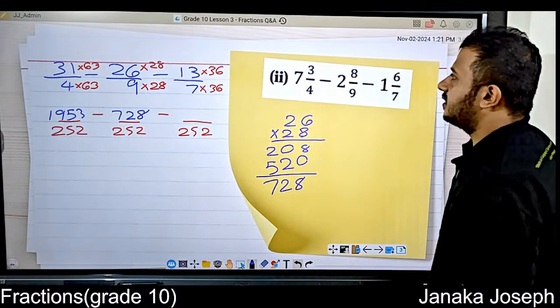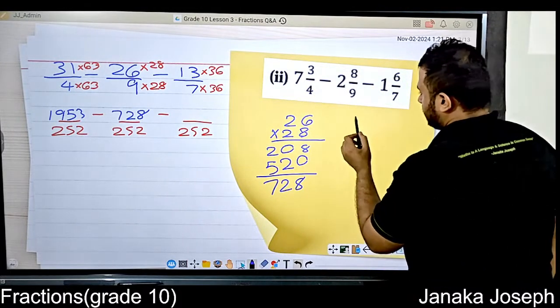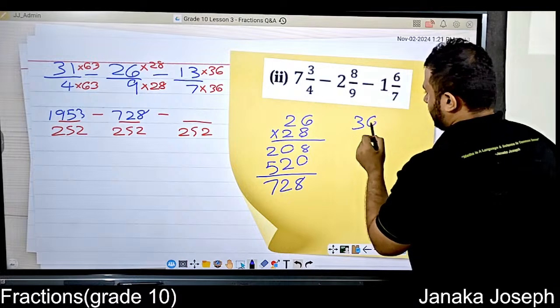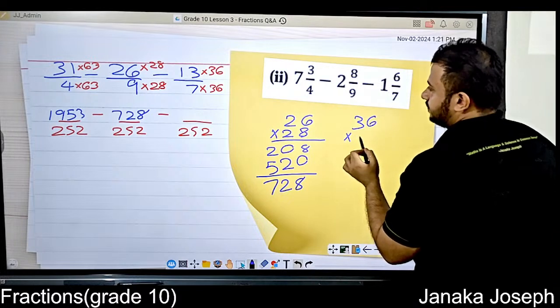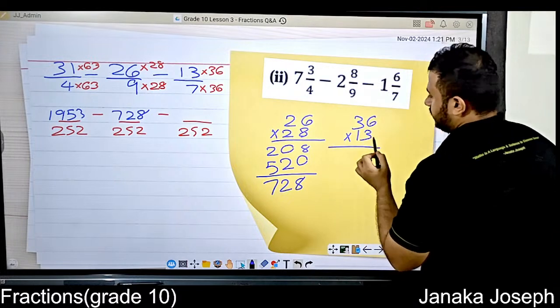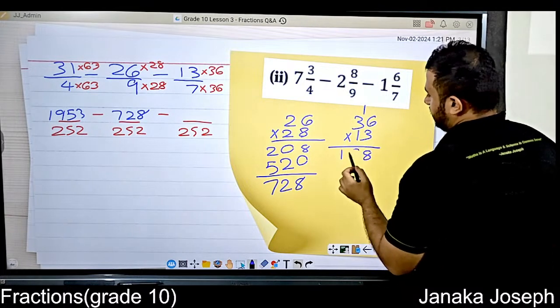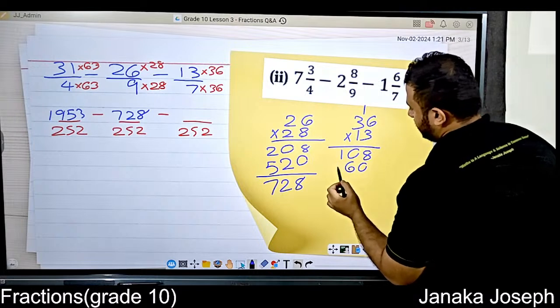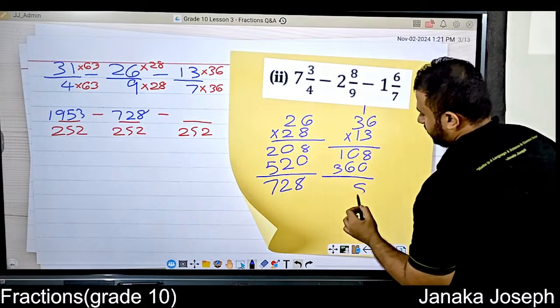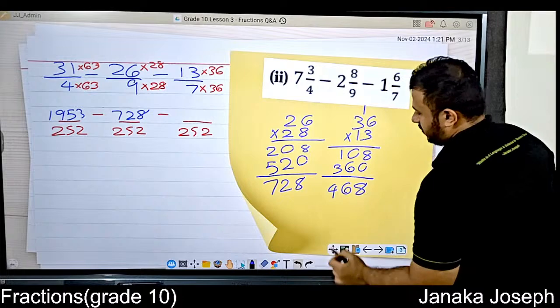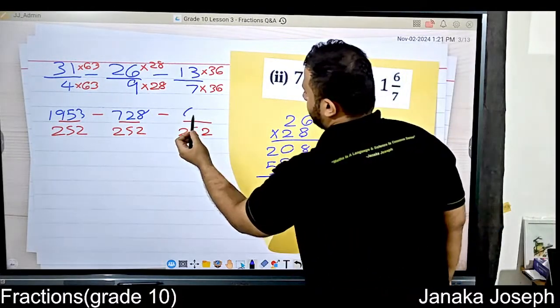And then 13 times 36. This is going to be 18. One comes here. 10, 0, 6, 3. 468.